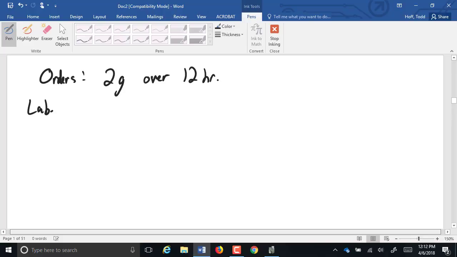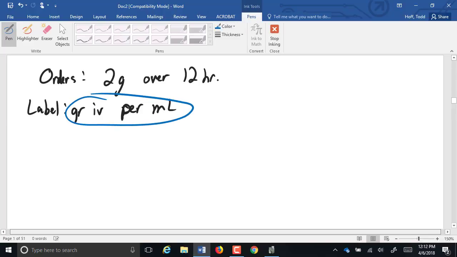And if we look at our label, the label might say that this is GRIV per milliliter. Well, what does that mean, GRIV per milliliter? Well, GRIV means 4 grains per milliliter.